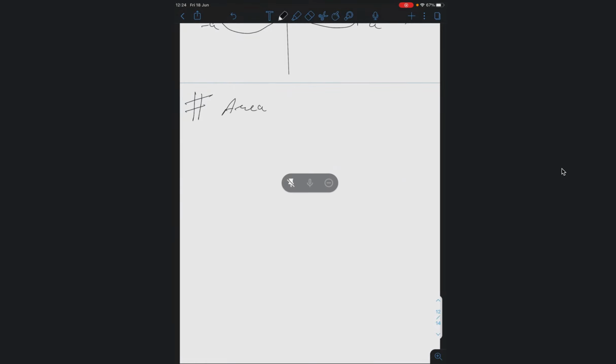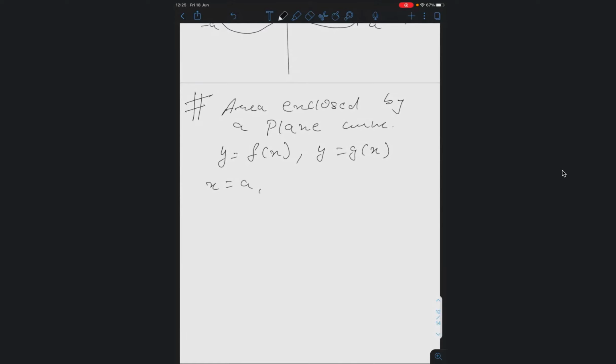So if you want to find the area enclosed by a plane curve, suppose you have these two curves, y is equal to f of x and y is equal to g of x, and the ordinates x is equal to a, x is equal to b in the xy plane.